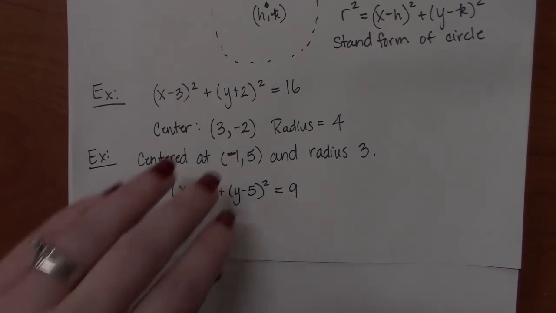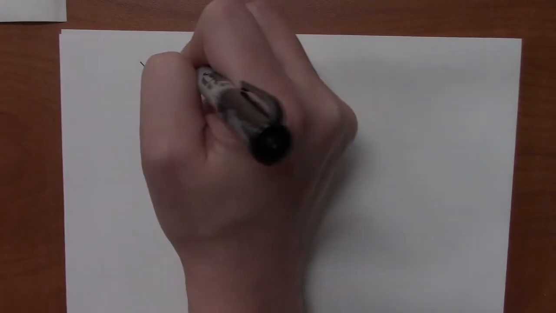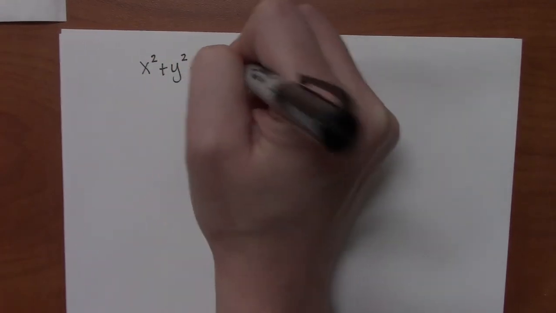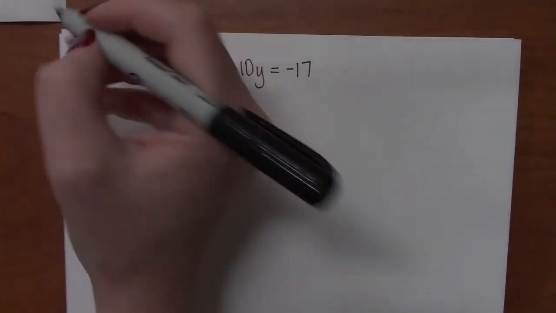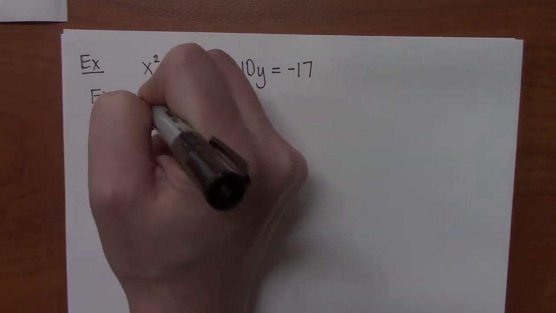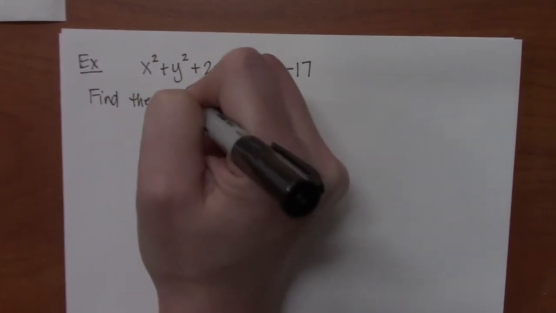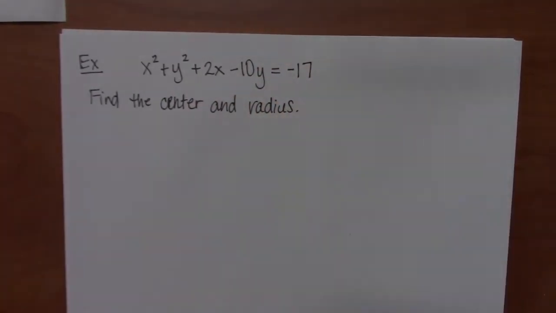All right, so let's look at an equation of a circle in a non-standard form and figure out how to put it in standard form. So if I were to give you the following equation, we want to find the center and radius of the circle.